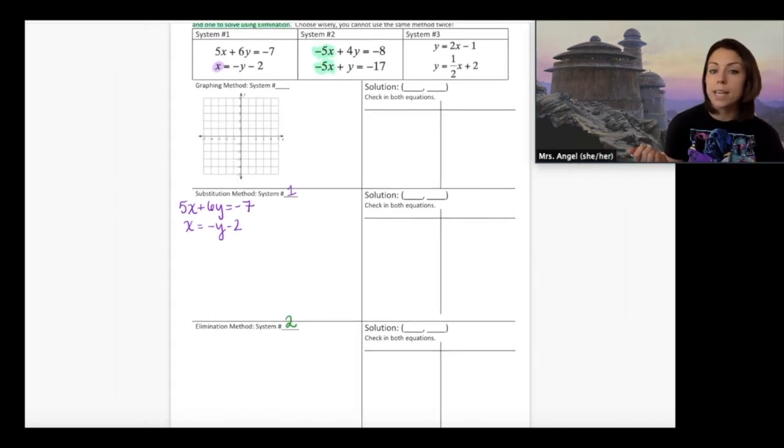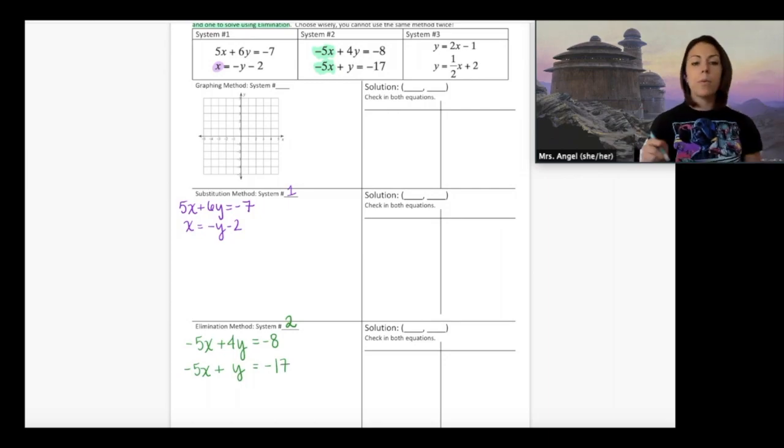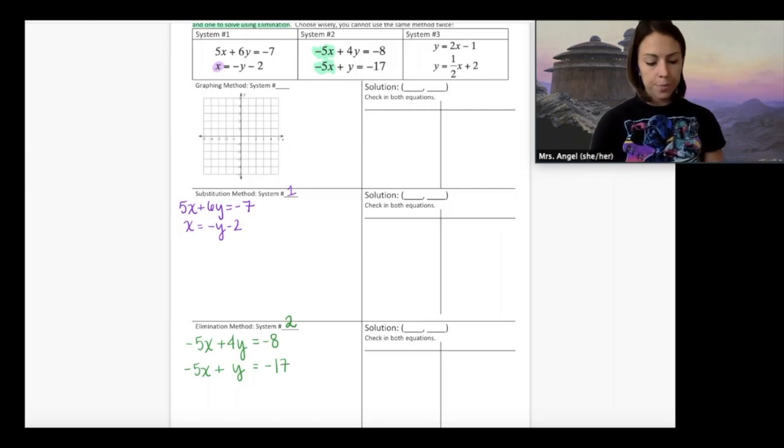So I'm going to copy down that system under elimination. So we have -5x plus 4y equals -8, and we have -5x plus y equals -17. So we're going to solve that one using elimination.